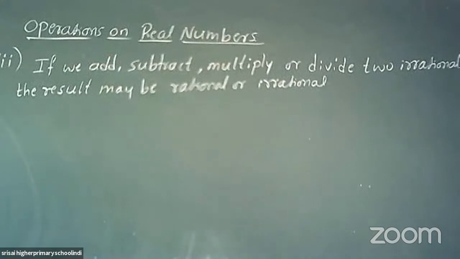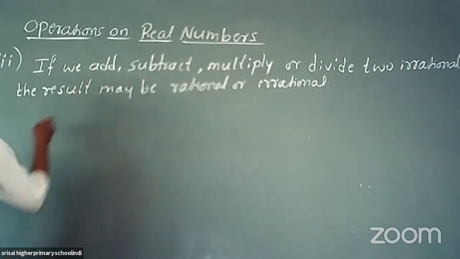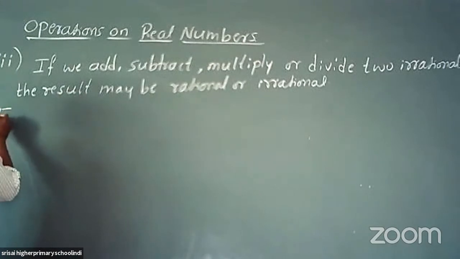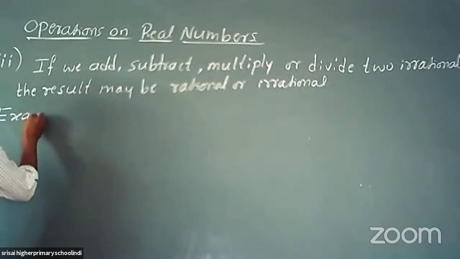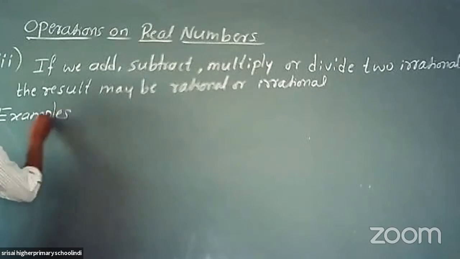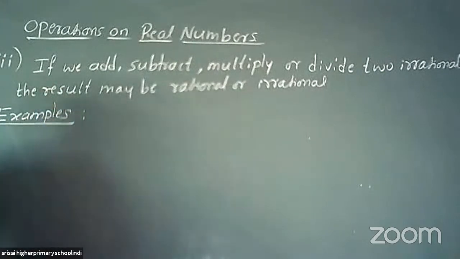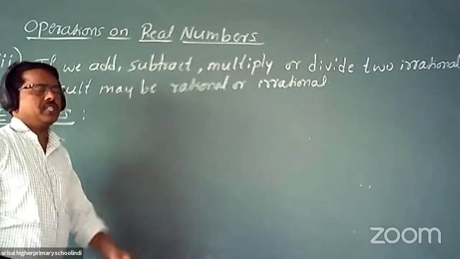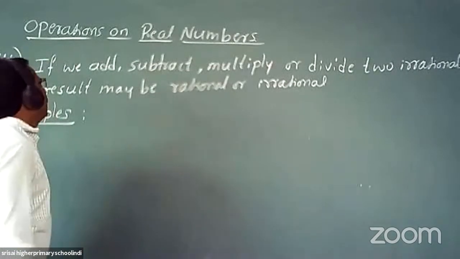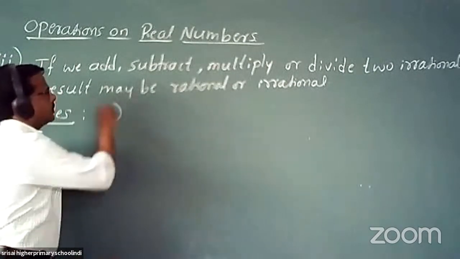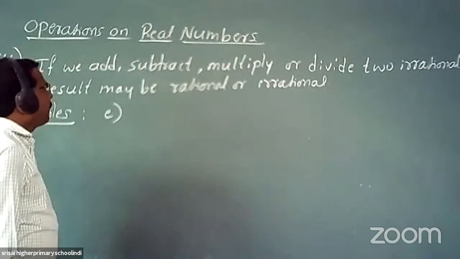Sir, we wrote. And also last time you have written an example for addition, isn't it? For addition and subtraction you have written. Now you have to write the next one, multiply.